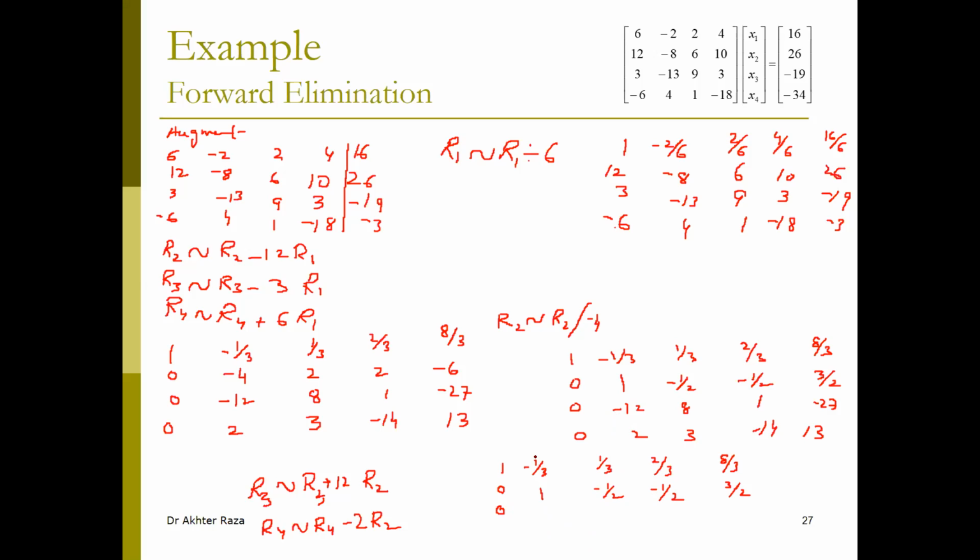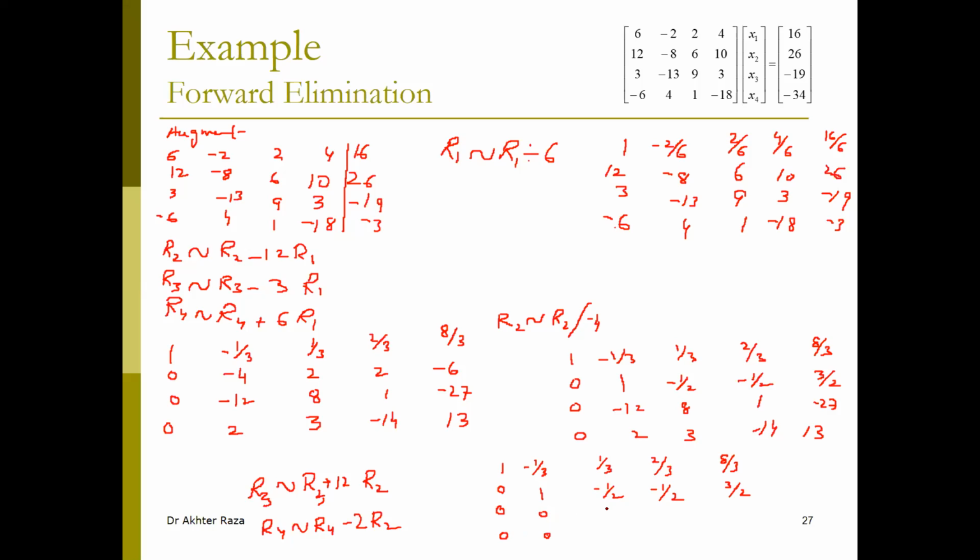This is 1. We have to make these two zeros. So this will become 0 and this will become 0. This is already 0.